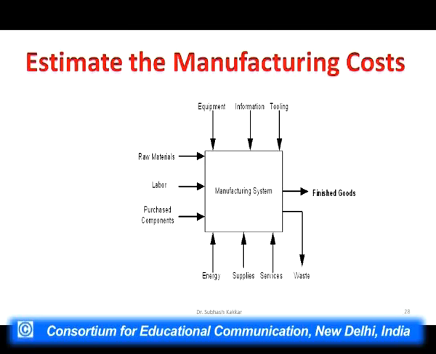All these inputs through the transformation process in the manufacturing system give us the output in the form of finished product which will be handed over to the customers. A waste is also generated along with the finished product. Idea is to minimize the generation of waste and maximize the finished product.